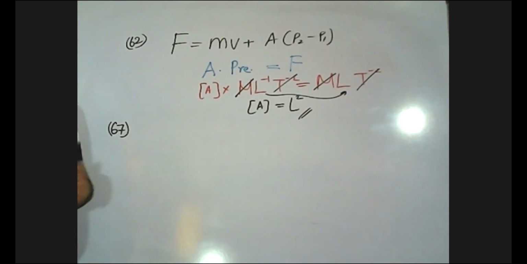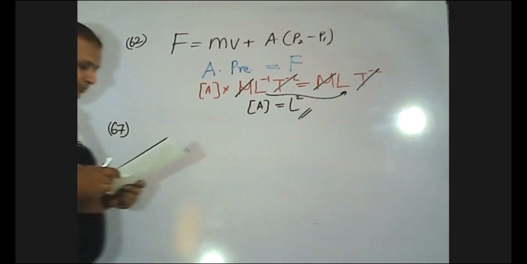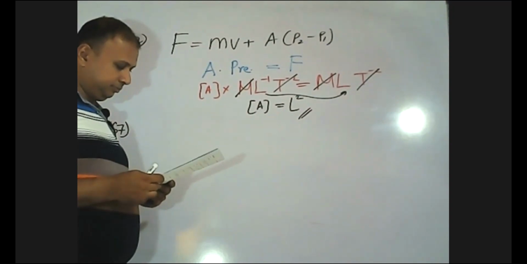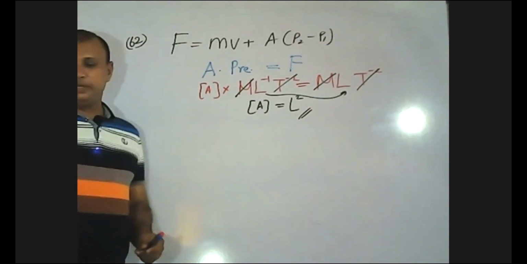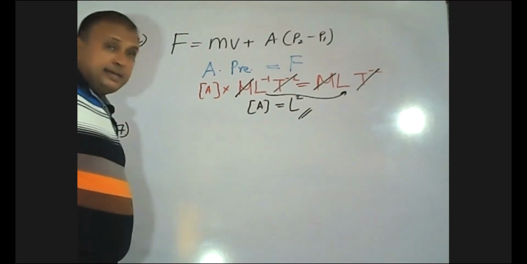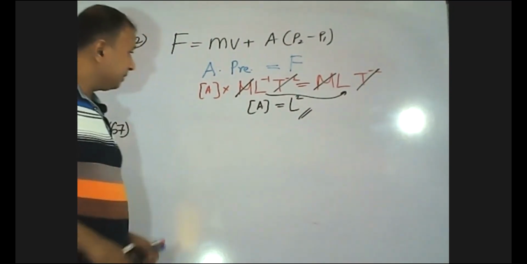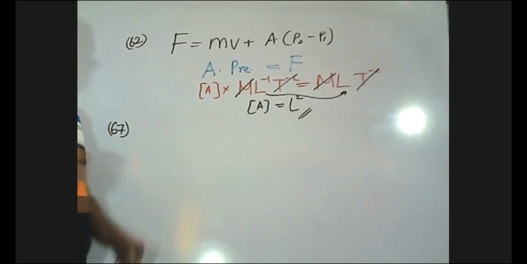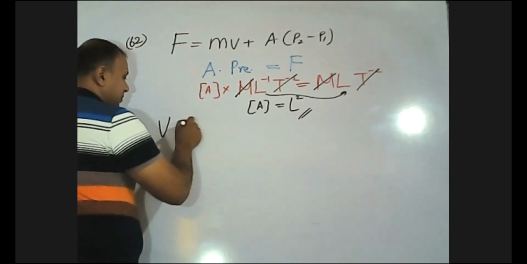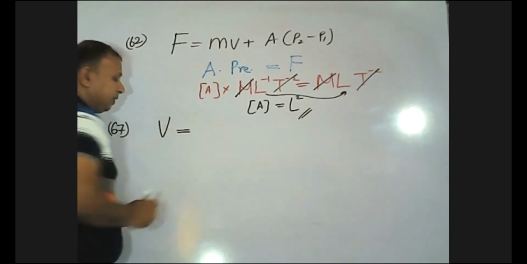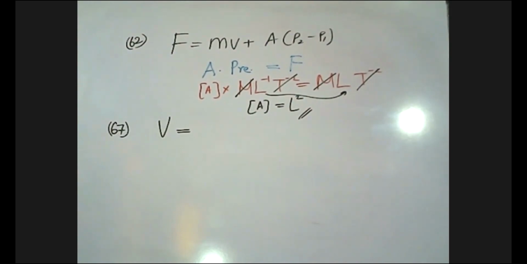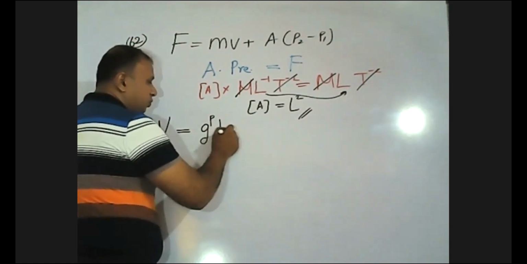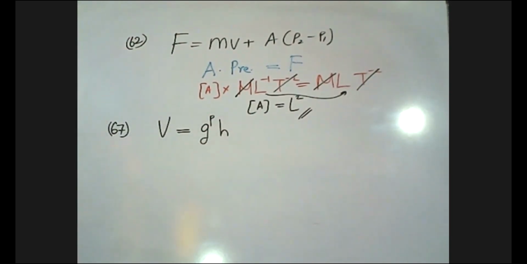The velocity v. Actually it is better to give the proportionality constant as 1, okay? So v is equal to g to the power p and h to the power q.